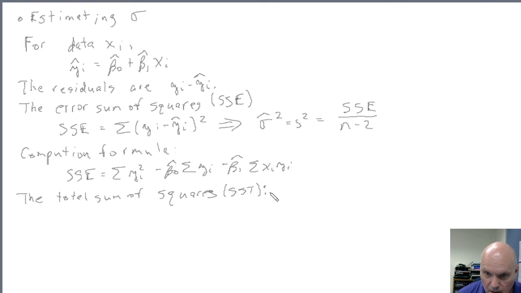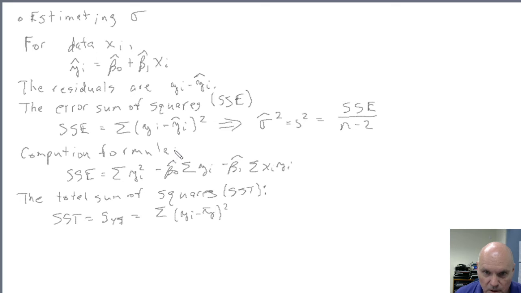Alternate notation for it would be SYY, and it's just, again, the sum of yi minus the average y value squared. So this is an estimate for just the variance of the y.